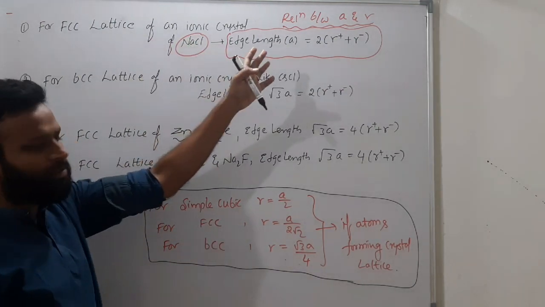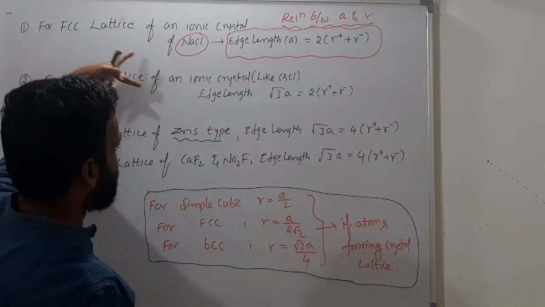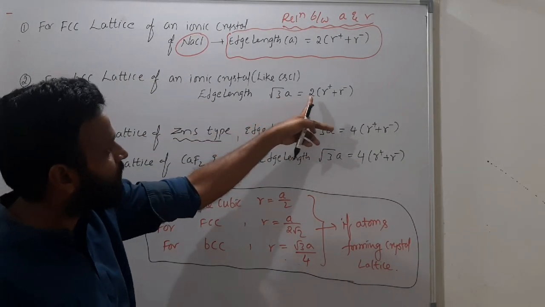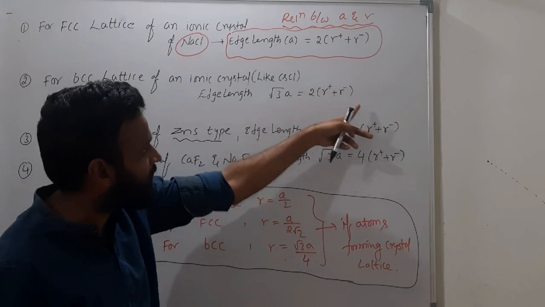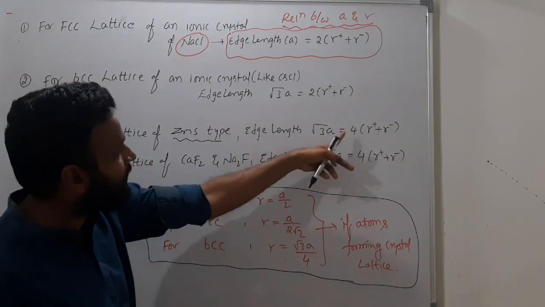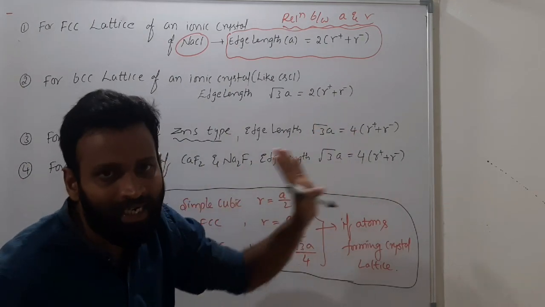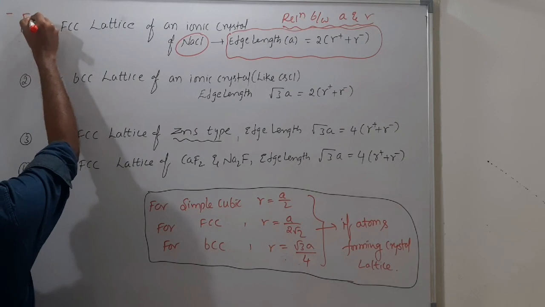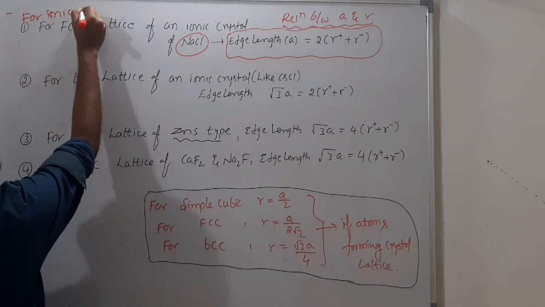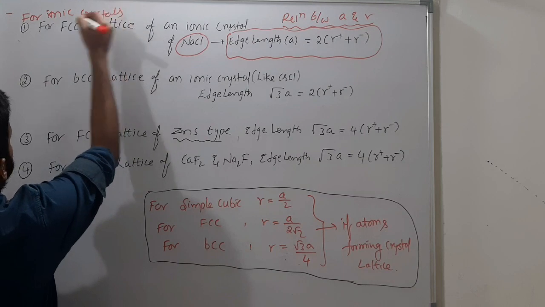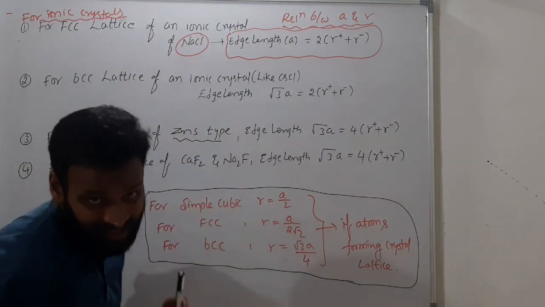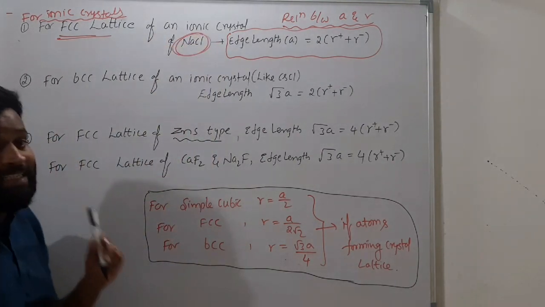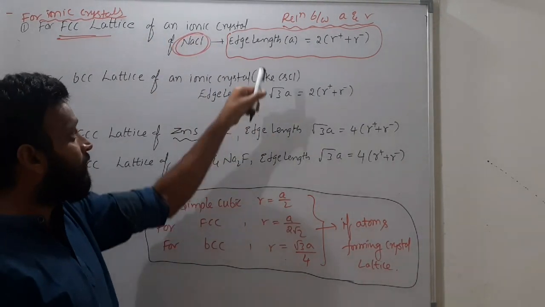Understanding? Very simple, just remember that only two formulas are different. This one will be similar to this. Here root 3 A is equal to 2 into r plus plus r minus, but instead of 2 you will take 4, that's it. For ionic crystals with an FCC lattice and NaCl-like structure, what is the edge length?